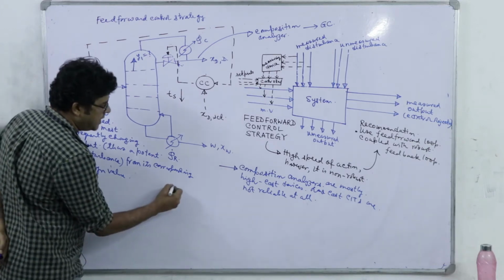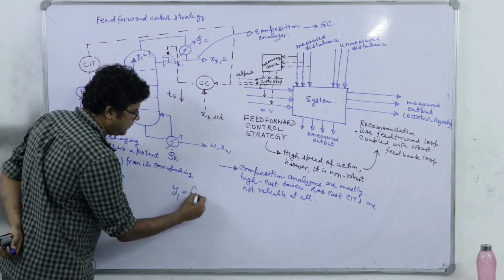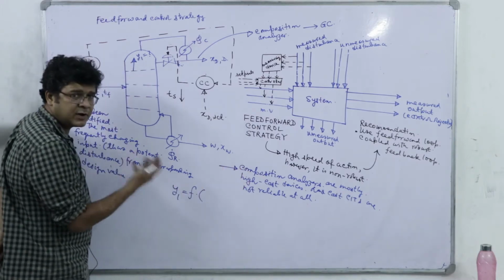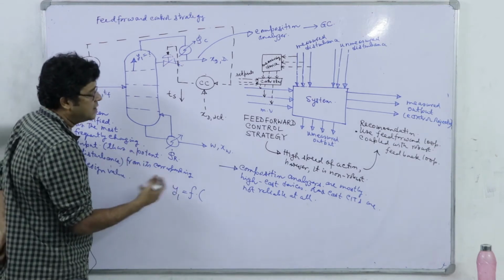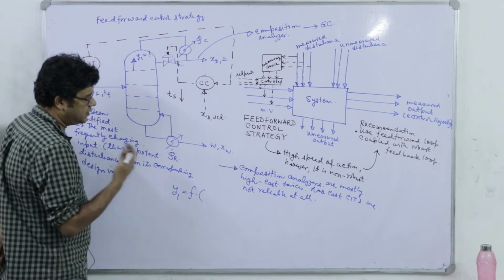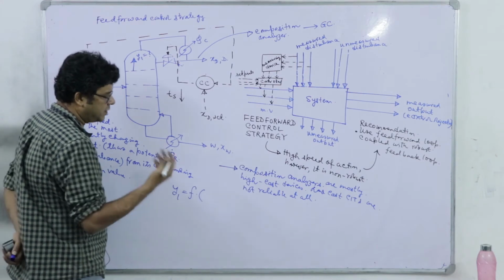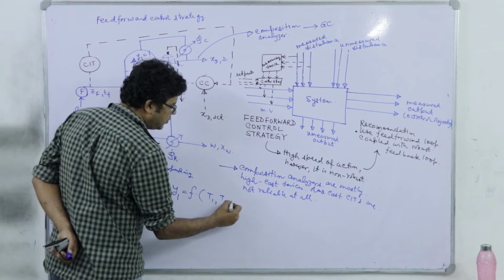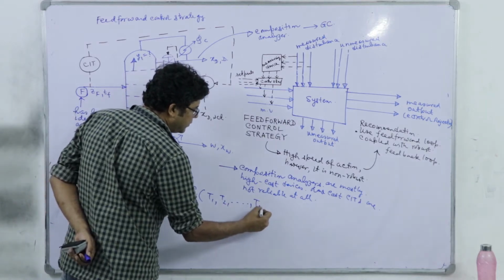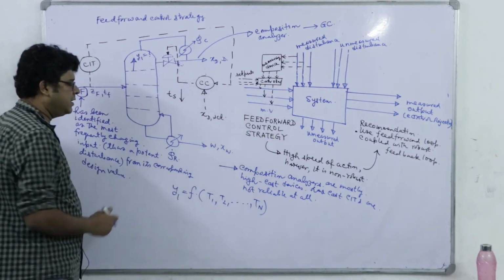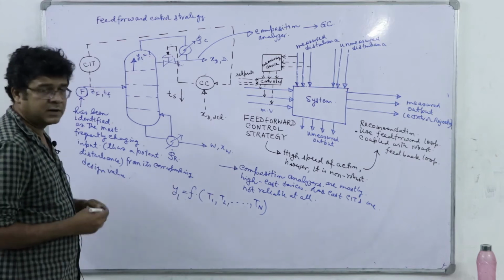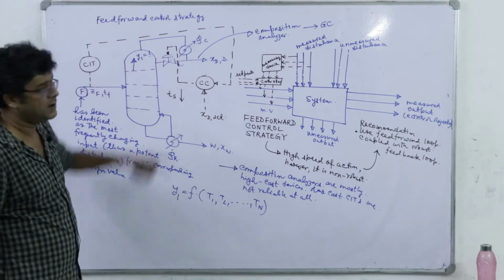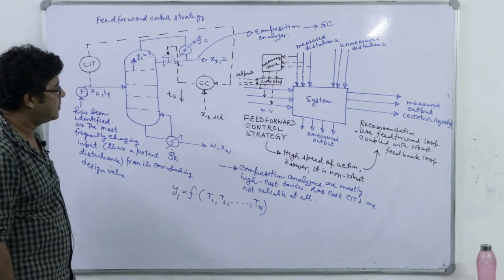So if I can predict y1, or if I can think of such a function, this function is just for representation, it may not be directly a function, it is obtained after solving the MESH equations simultaneously. Let us say the variables we are going to measure are T1, T2, and finally our objective will be to predict y1, which is the same as the distillate composition because we are using total reflux, right.